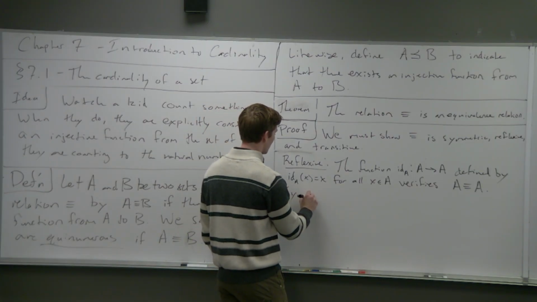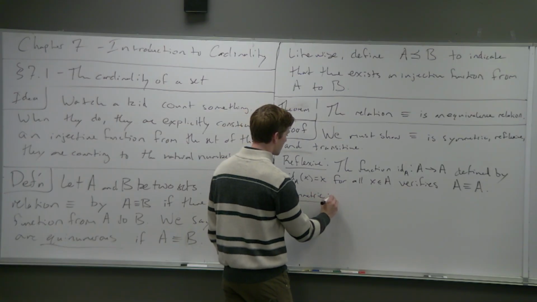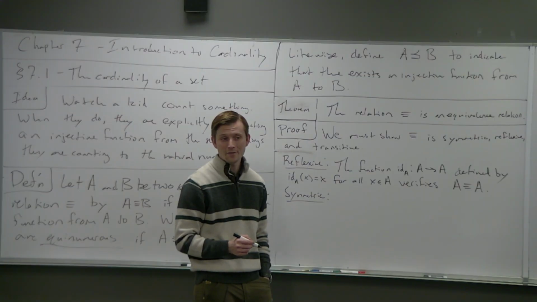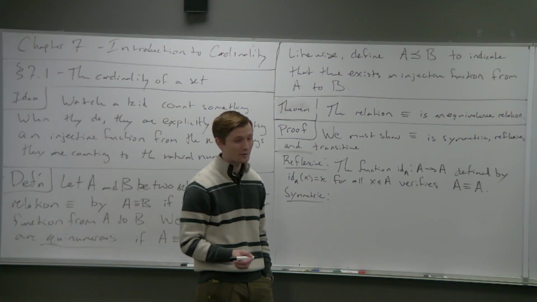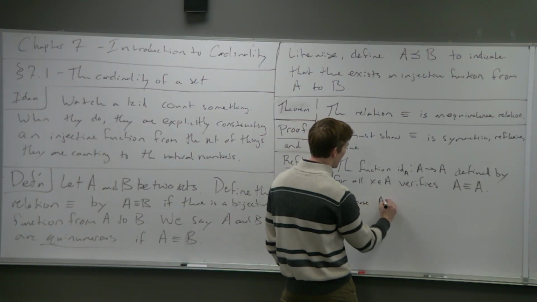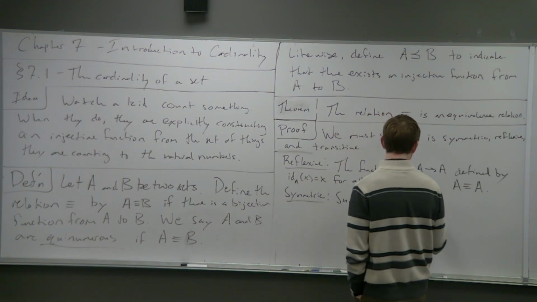Symmetric. What we want to show is that if A and B are equinumerous, then B and A are equinumerous. Suppose A and B are equinumerous.